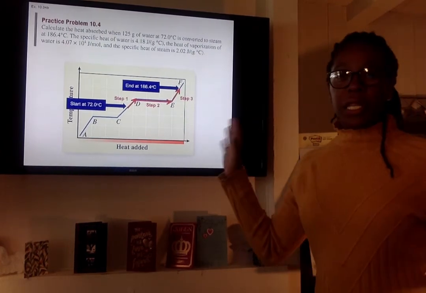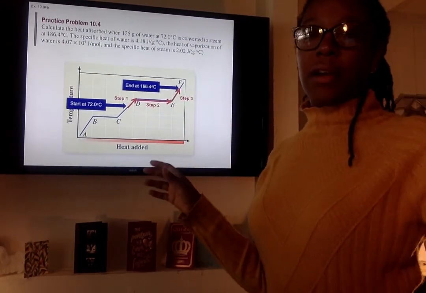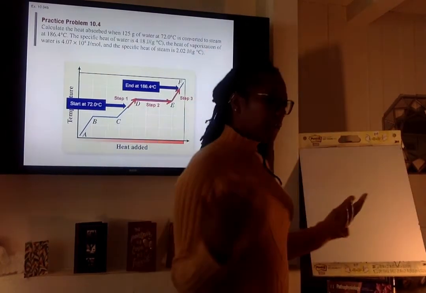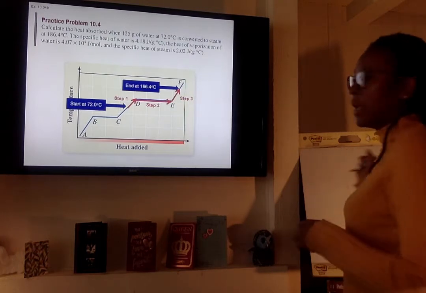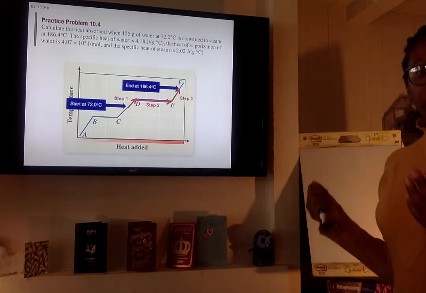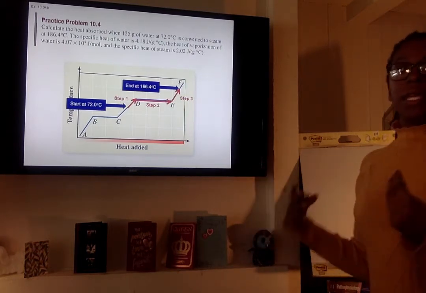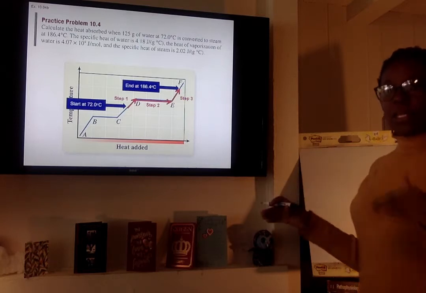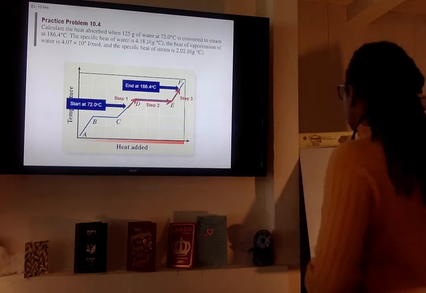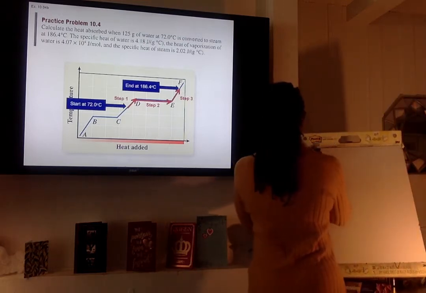Okay, so there's a lot that is said in here, right? The first thing that we always want to make sure we write down is our given, and then what do we want? That way we can pull out the key information that we need in order to solve this problem. So what are we given?